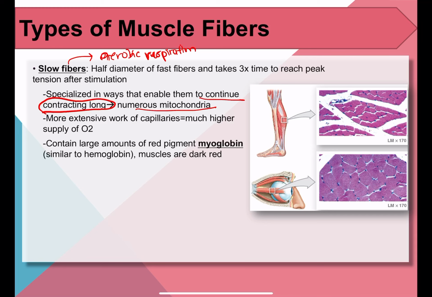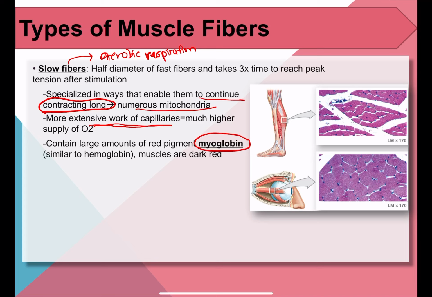Because they have to do a lot of aerobic respiration, they have a more extensive network of capillaries, which enables them to have more oxygen for that aerobic respiration. And like I was talking about, they contain a special hemoglobin form called myoglobin. That's why it starts with myo, because they are specialized to be in the muscle cells for providing more oxygen other than relying on hemoglobin.